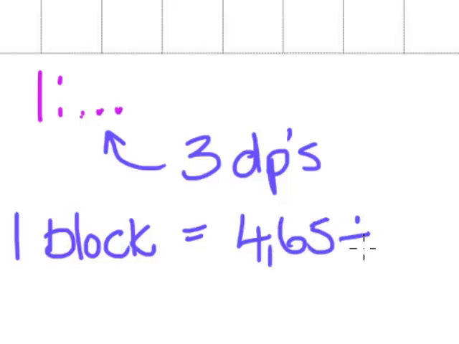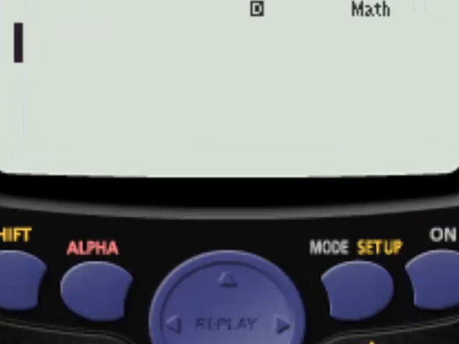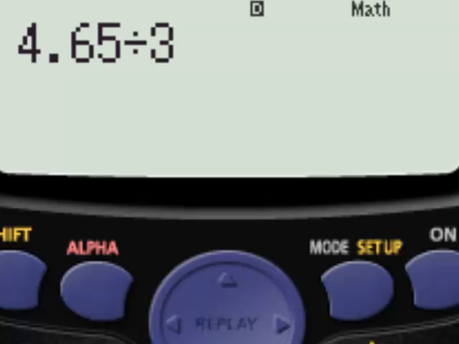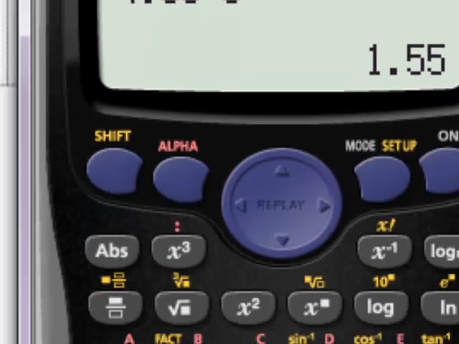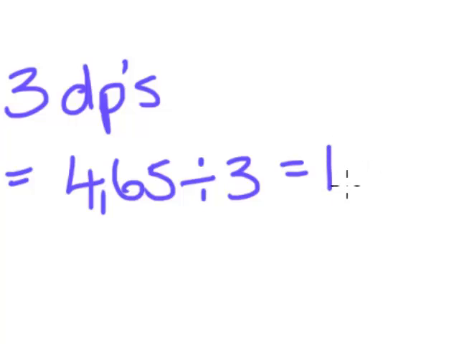And we're going to divide that by 3. Okay, so for this we need the calculator. Okay, so we're going to go 4.65. We're going to divide that by 3. Okay, and let's see what that gives us. So it gives us 1.55.